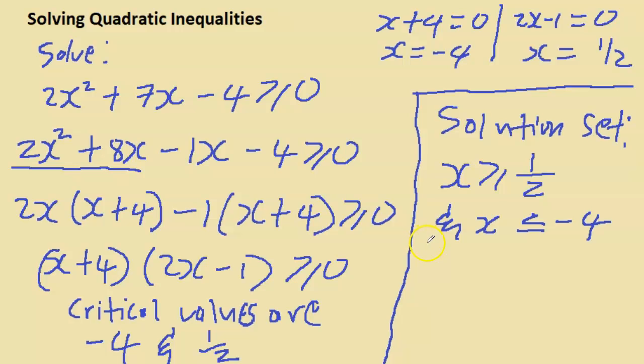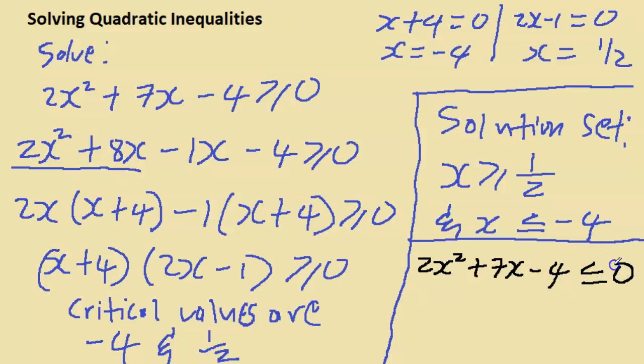And that would be your solution set for this question. And again, let me just ask, what if this was a question that you were given? 2x squared plus 7x minus 4 is less than or equal to 0.